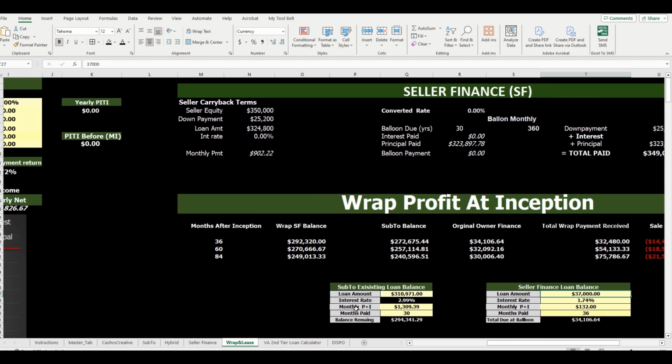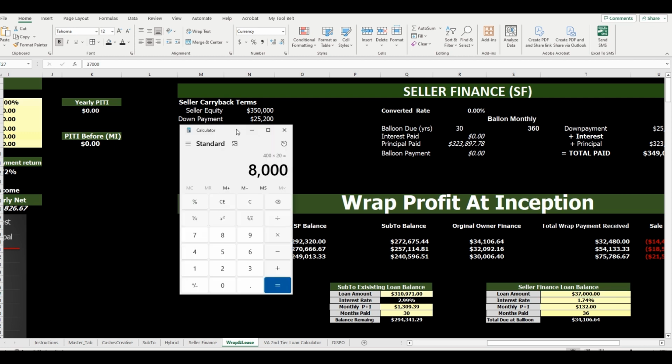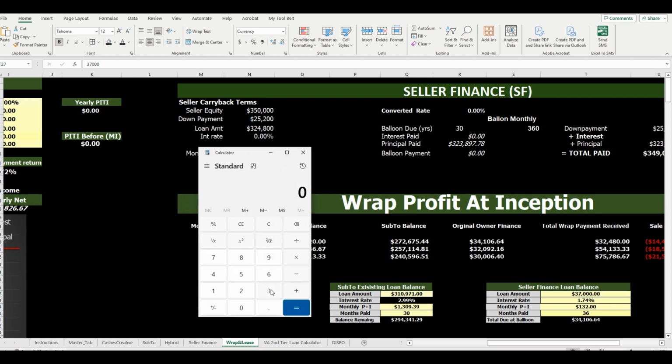So a good principle to follow is to combine these two. We will add $310,971 to the $37,000. This would mean that my loan amount with the retail buyer cannot be less than $347,000.